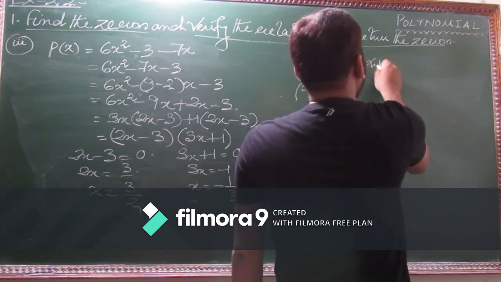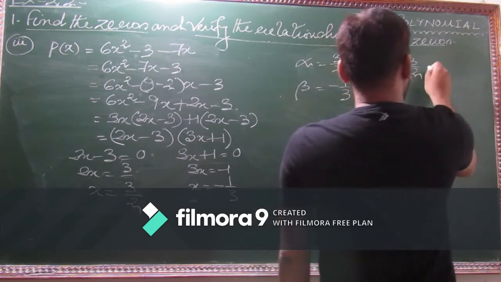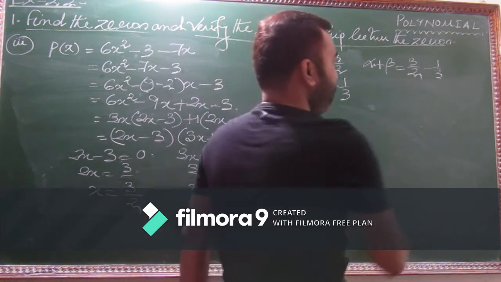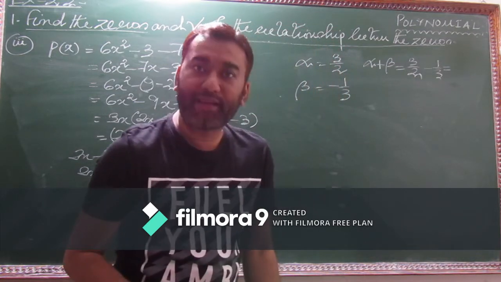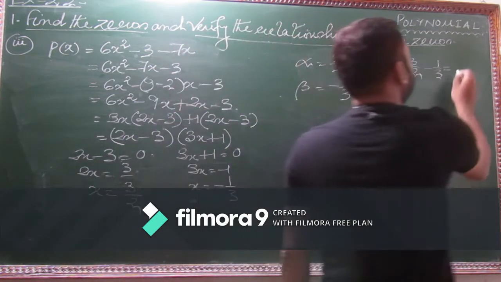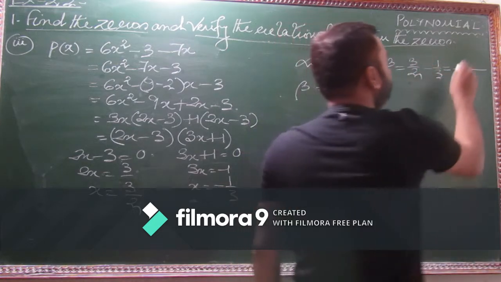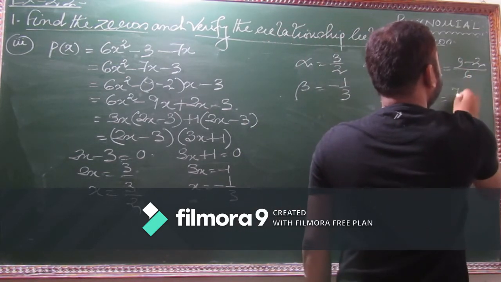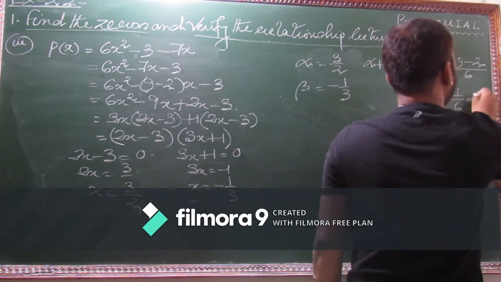So alpha plus beta is equal to 3 by 2 minus 1 by 3. So I need to take the LCM. The LCM of 2 and 3 is 6. So this is 6. Now 3 times 3 is 9. Now 2 times 1 is minus 2.